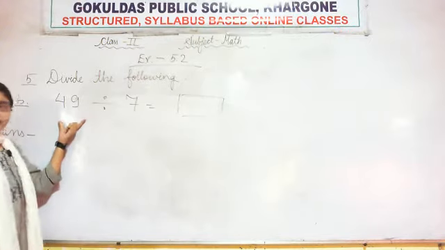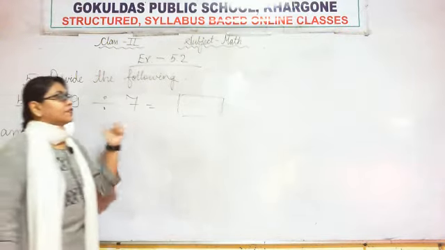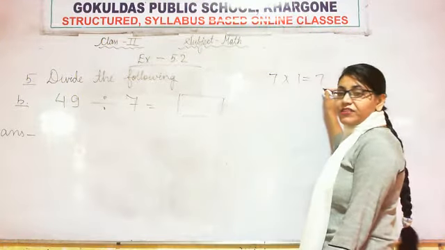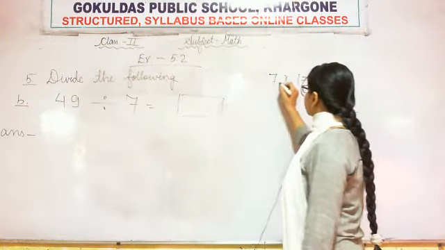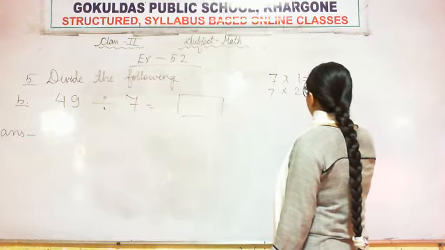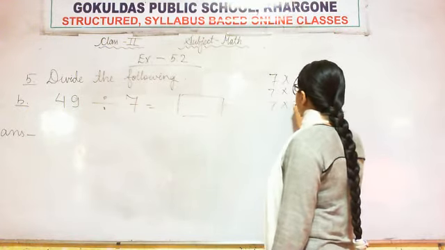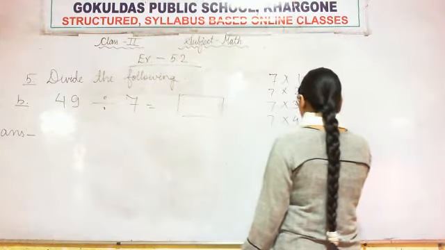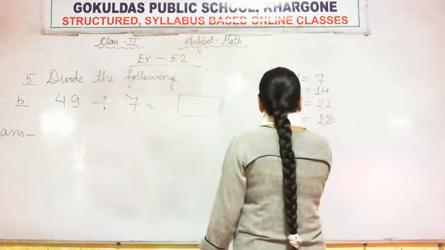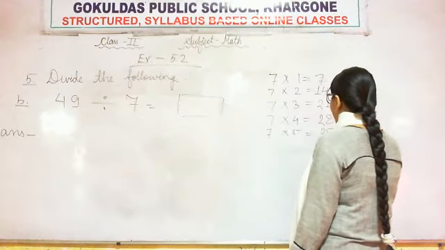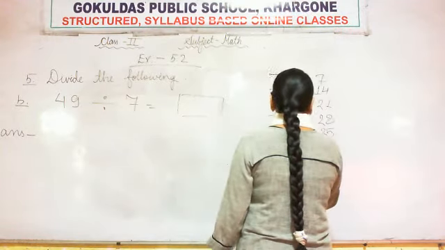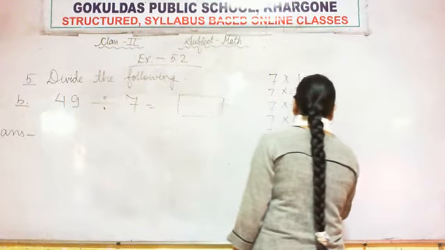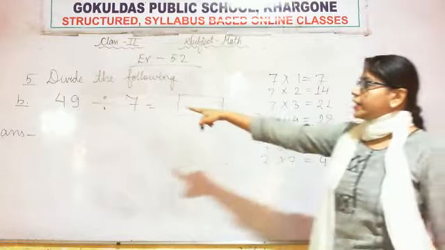For this we need to write the table of 7. Let's see the table of 7. 7 ones are 7, 7 twos are 14, 7 threes are 21, 7 fours are 28, 7 fives are 35, we need 49.